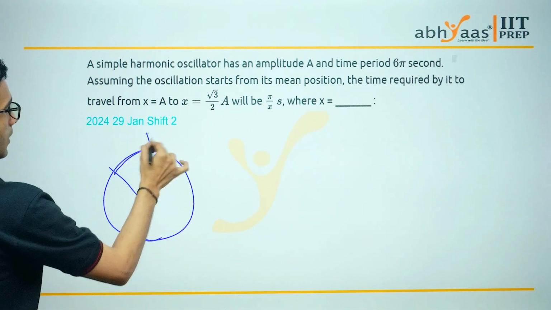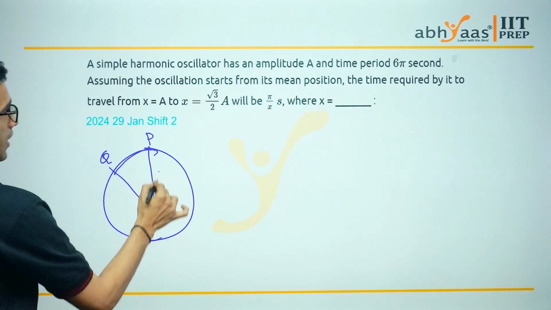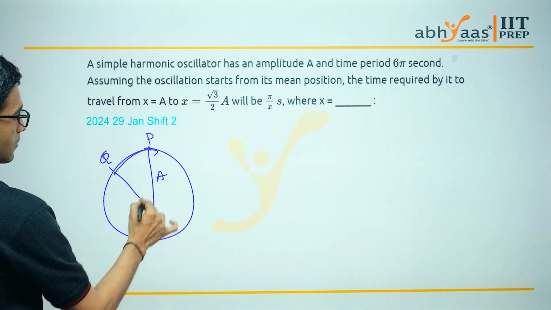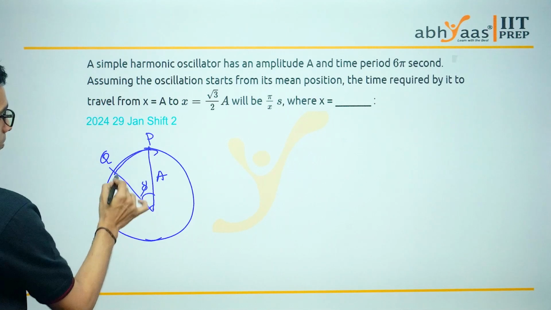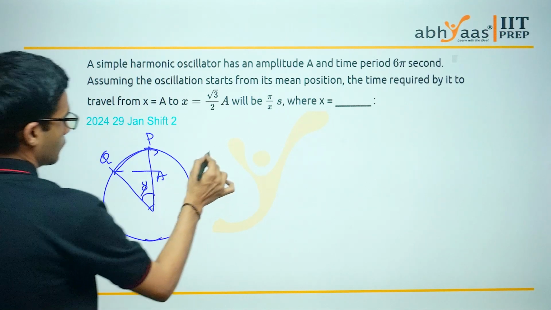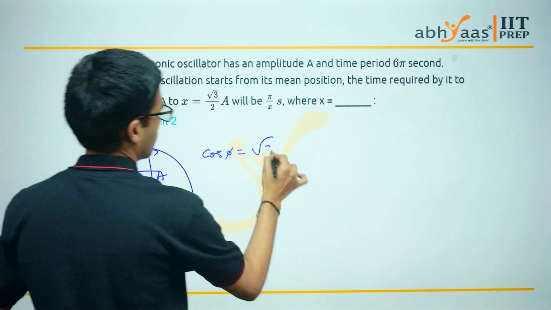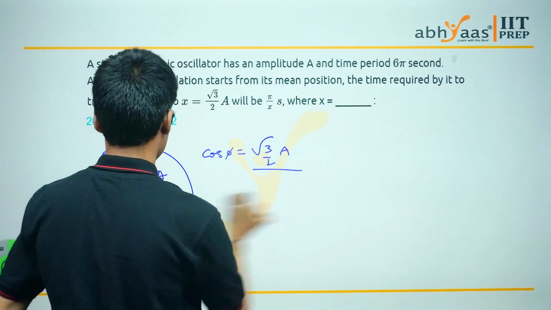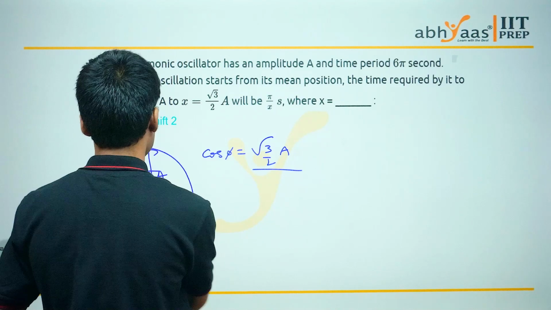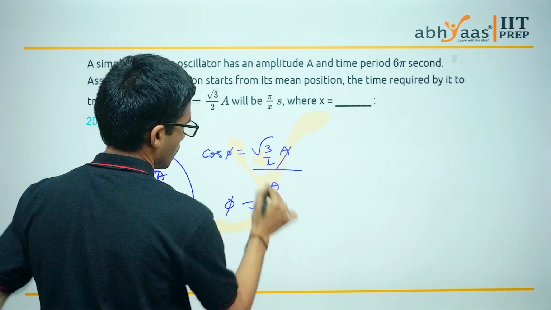For example, if you consider this one as a, this one as q, pq. The radius is a, and this is the x position. This is phi, and this is root 3 by 2 a. So that means cos phi is equal to root 3 by 2 a by a, where this is also a, so a gets cancelled.